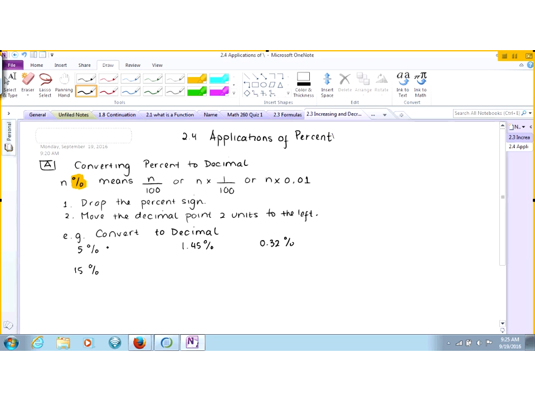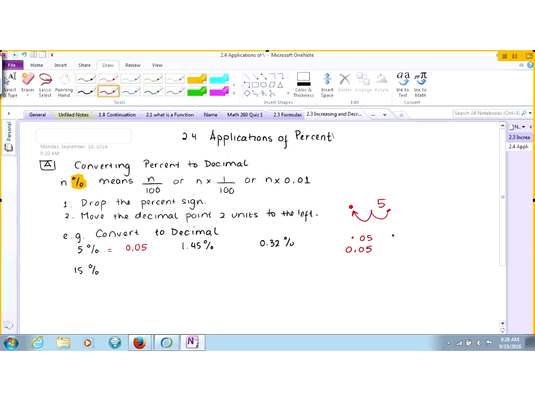Okay, so what would you do here? Divide by 100, meaning you just don't use the percent symbol. So I have 5 only, and then you move the decimal to the left. Before 5 the decimal is here, so 5.0, 1, 2. So what is this? 0.05.